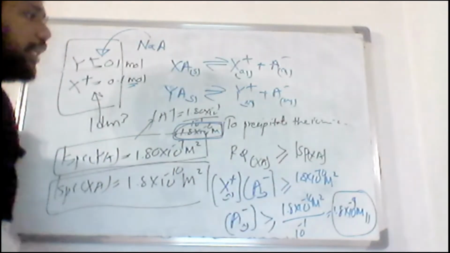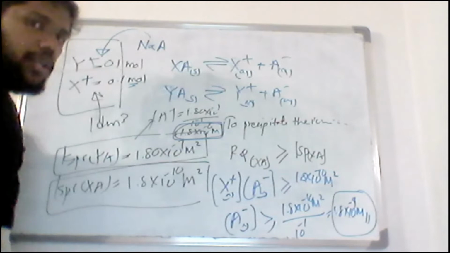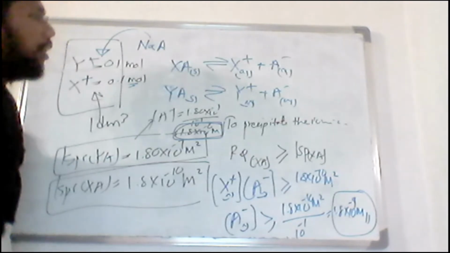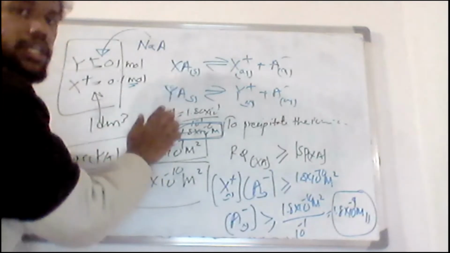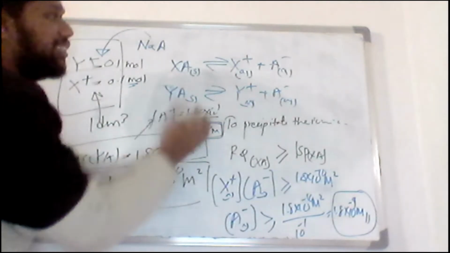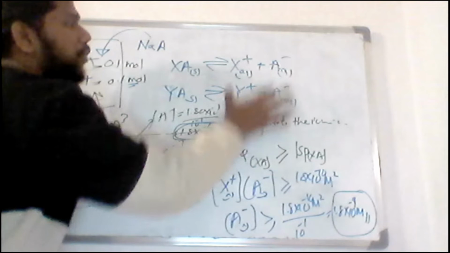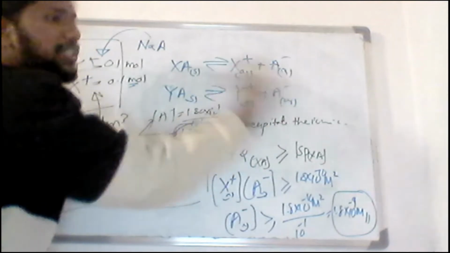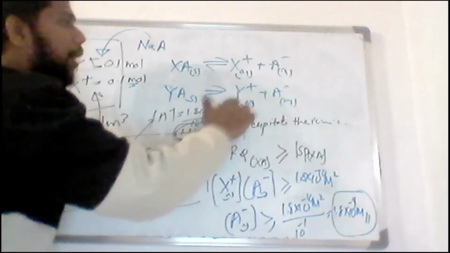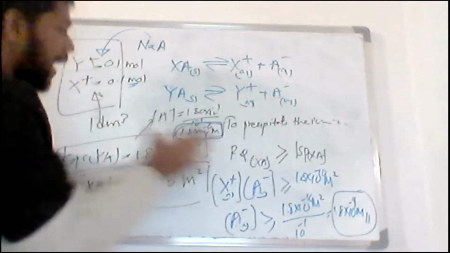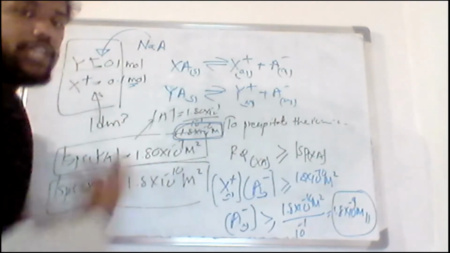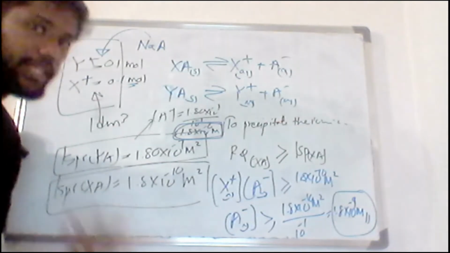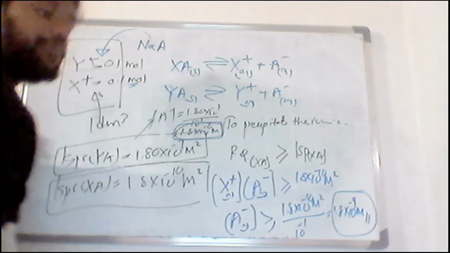Okay, so the next method is the KSP one, which I just told you. Since these two salts have ions in a 1:1 stoichiometric ratio, like X plus A minus and Y plus A minus, you can even just compare these two KSP values to explain which salt precipitates first.